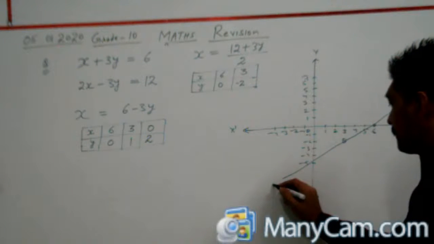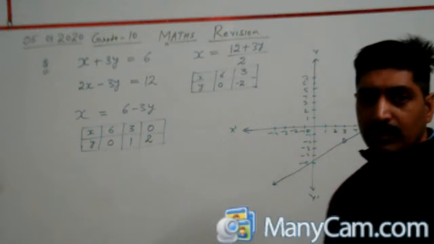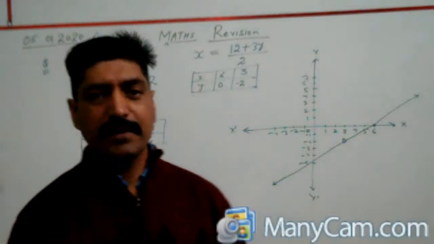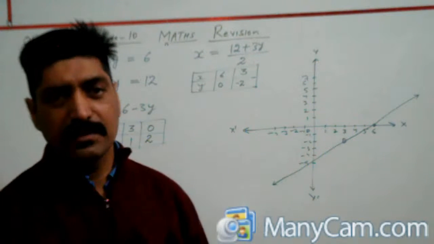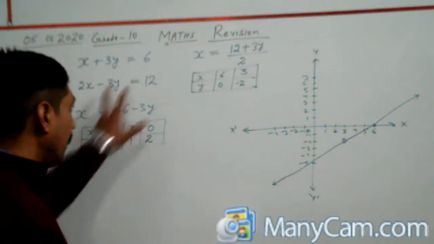Why am I discussing this? It is all about representation. One student was a very bright student, but his skills were very poor regarding drawing lines, and I will tell you what mistake he committed. This part was right.